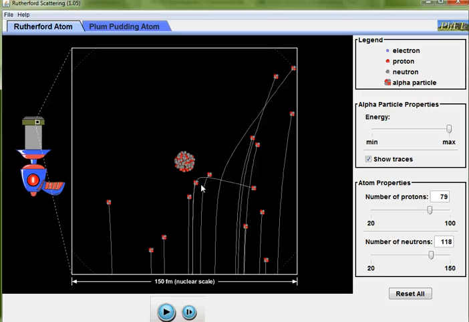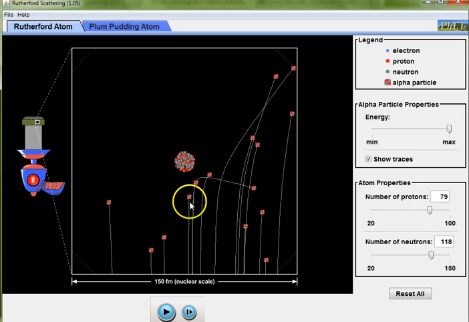They are positively charged species. The nucleus is also a positively charged species, correct? We know that it's made up of protons and neutrons, and in this case we have 79 protons and 118 neutrons. So there are quite a few protons in the nucleus. 79 positive charges are stacked up in this little space.